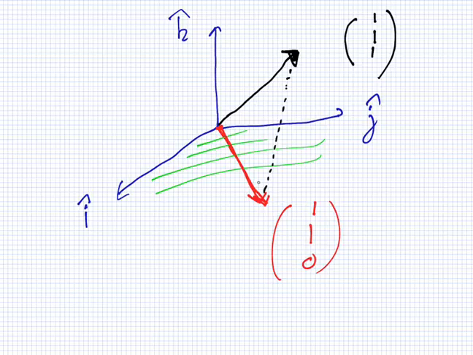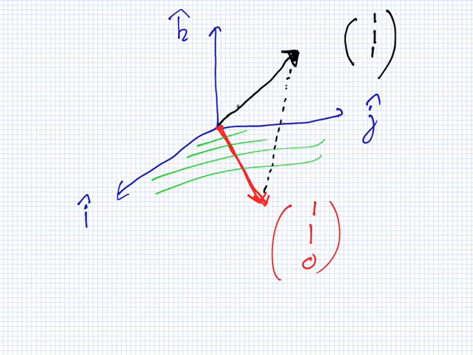So in this example, if we can use our imagination, what would be the angle between these two vectors, do you think? I think it will be 45. So I want you to calculate the angle here and see if you get 45. Now, you can't be certain because it's 3 dimensions, it's more difficult to imagine, but I think it should be 45 also.